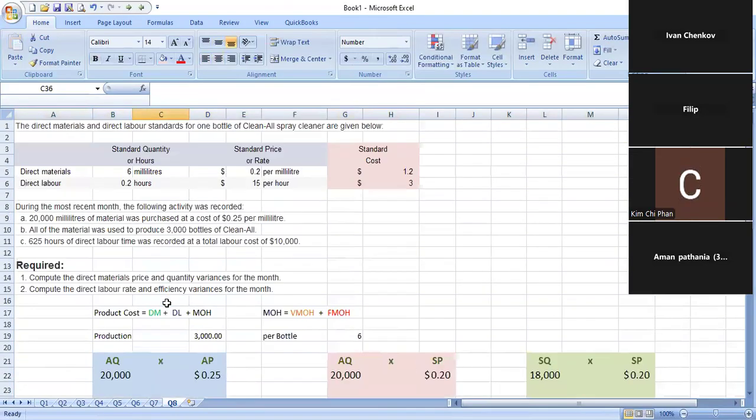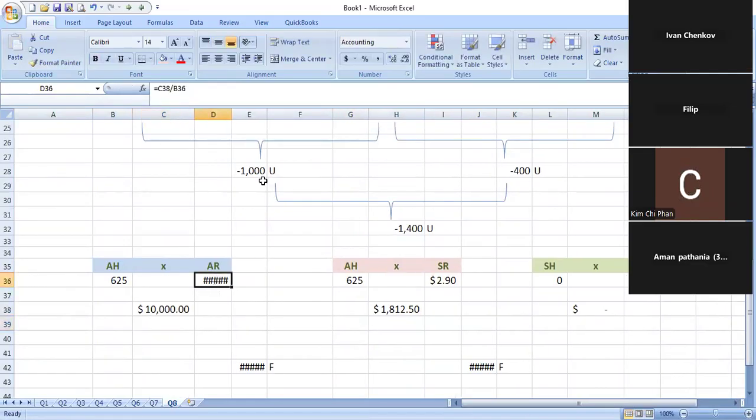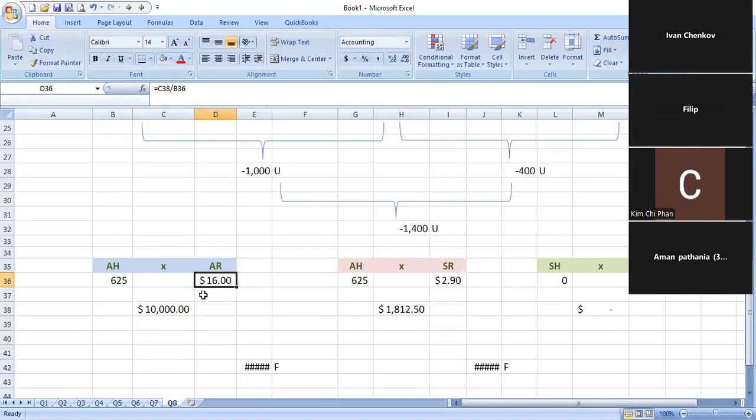And how much do we pay them? $10,000. So that gives us a rate of $16 per hour.